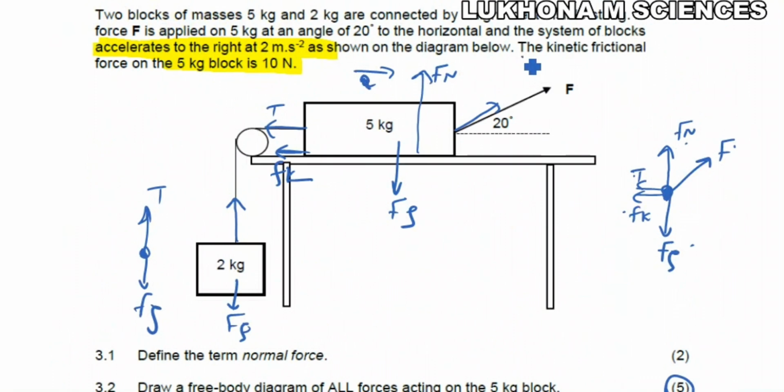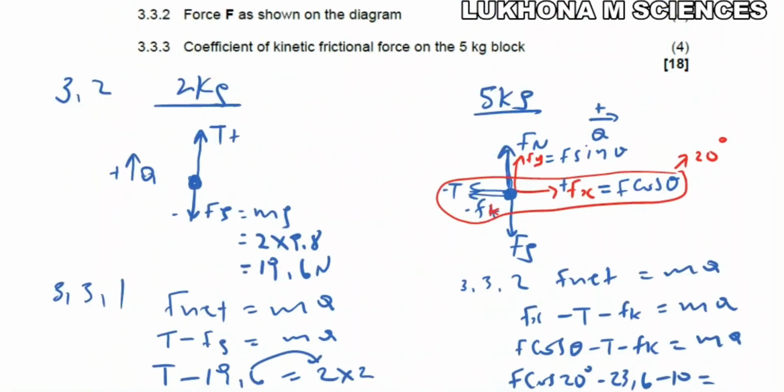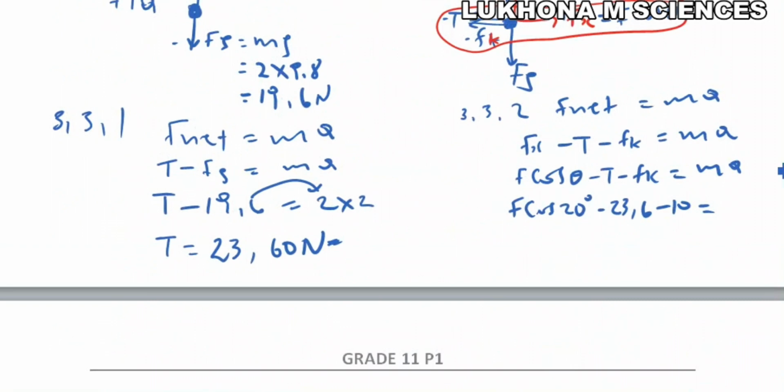The kinetic frictional force on the 5 kg block is 10, so the frictional force is 10. So the mass is 5, the acceleration is 2. Then we press the calculator and we transpose.